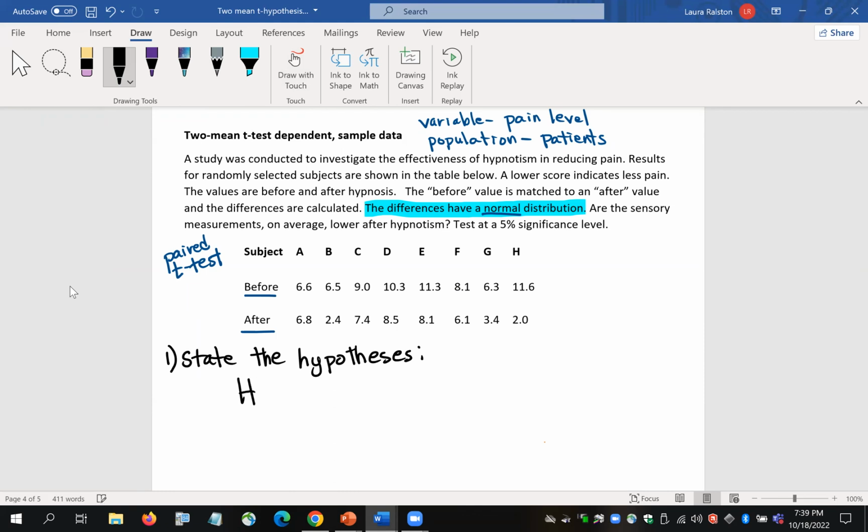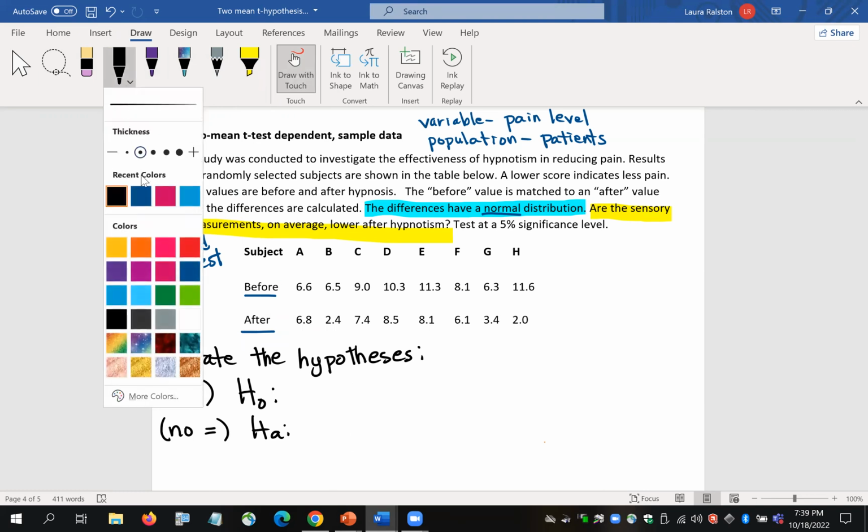We have the null, which must contain equal, and we have the alternative, which does not contain equal. You've got to be really careful here, guys. You've got to pay attention to how this is worded. It says, are the sensory measurements on average lower after hypnotism?